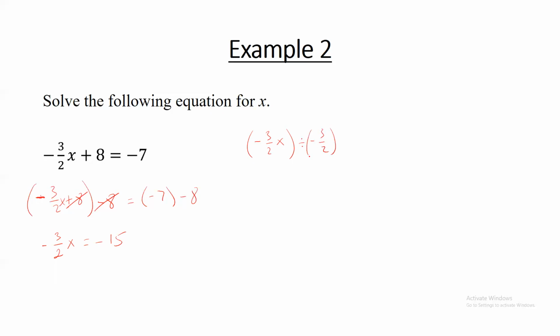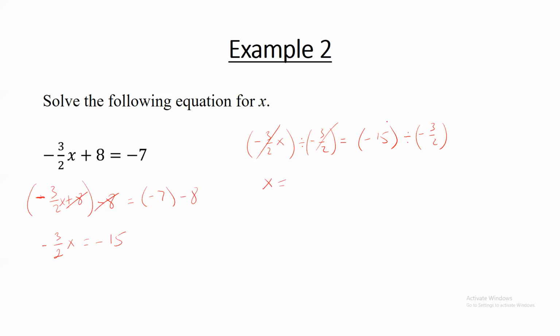If you, in one step, say that you multiply by the reciprocal, that's also great. In this case, I'm going to write this out in detail. We have negative 15 that we will also divide by negative 3/2. The multiplying and dividing by negative 3/2 cancels, leaving us x.